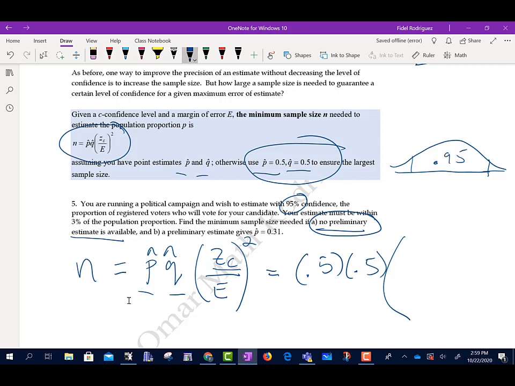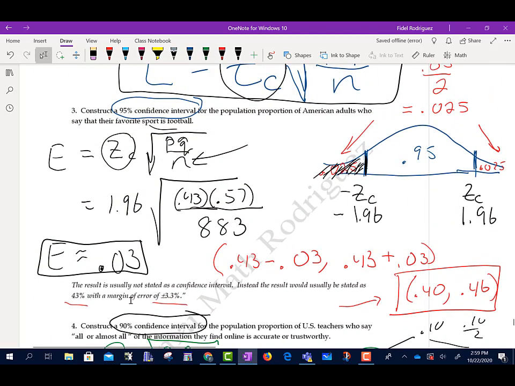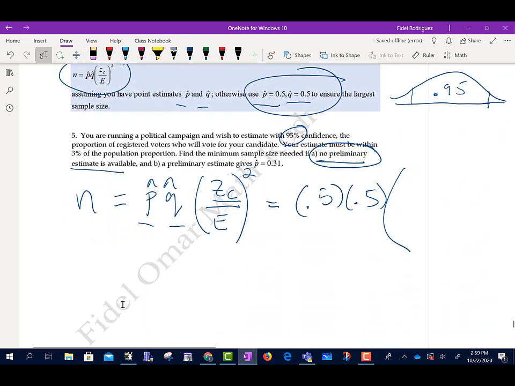We did that earlier today, and we found our ZC value to be 1.96. This is a negative 1.96 and this is a positive 1.96. So I'm going to write right here 1.96.